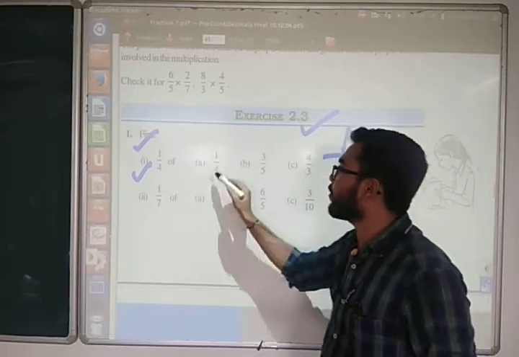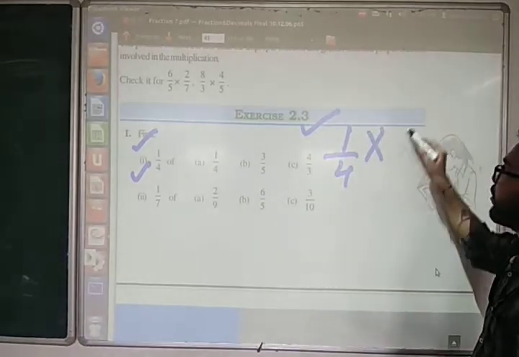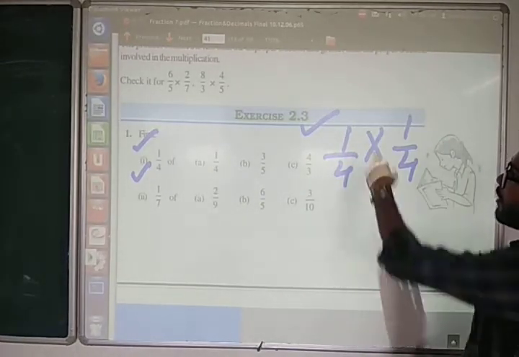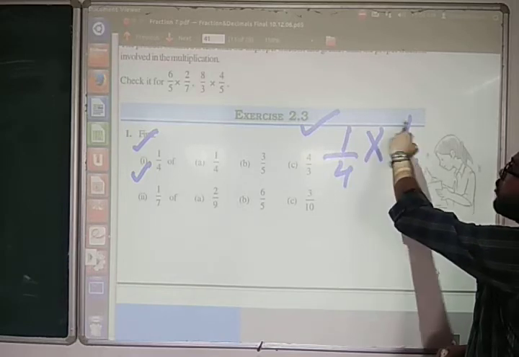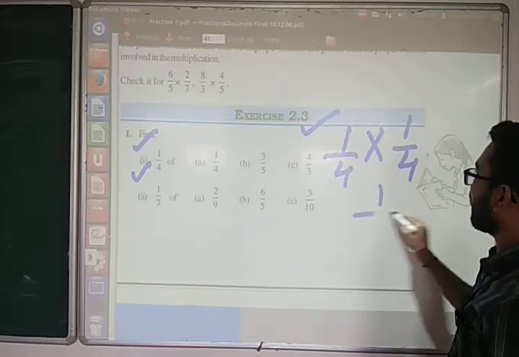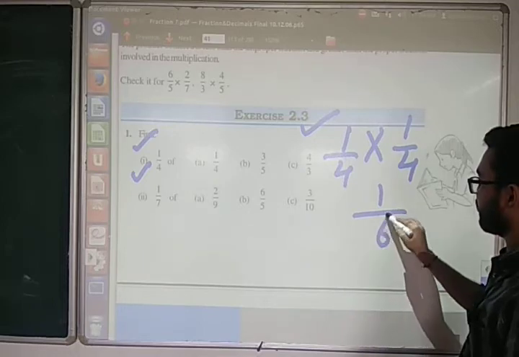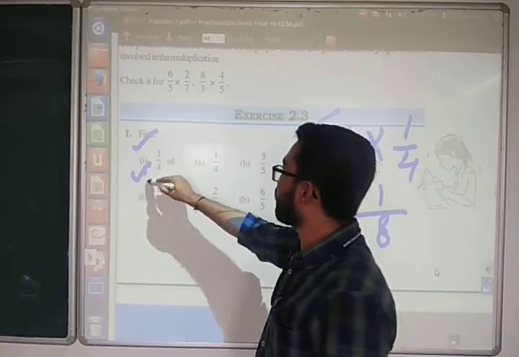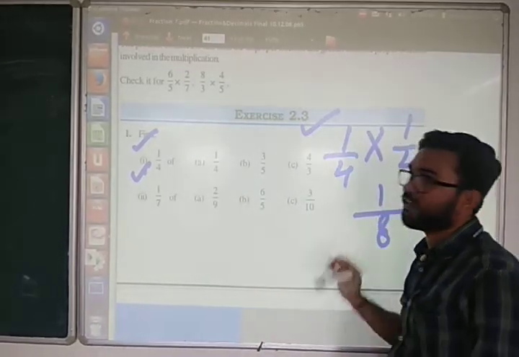So 1 by 4 of 1 by 4 means 1 by 4 multiplied by 1 by 4. Multiply numerator with numerator, 1 into 1, 1, and 4 into 4, 16. So 1 upon 4 of 1 upon 4 is 1 upon 16.